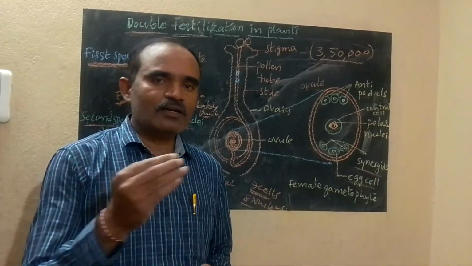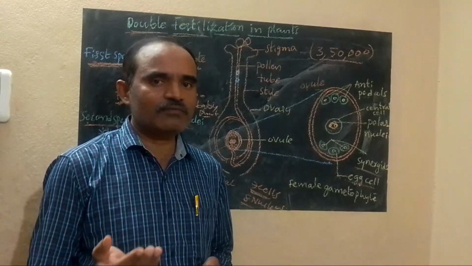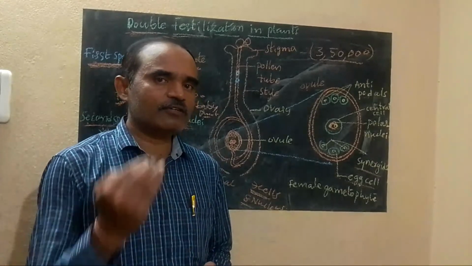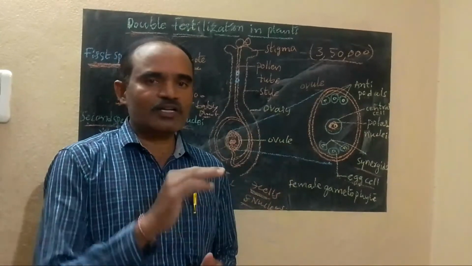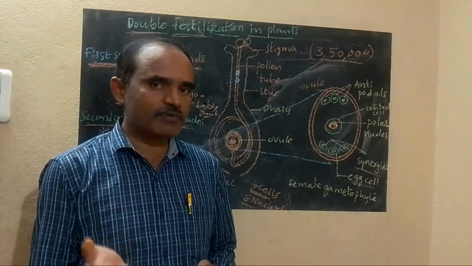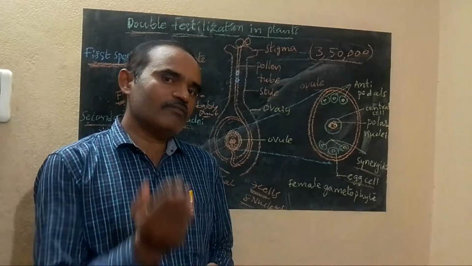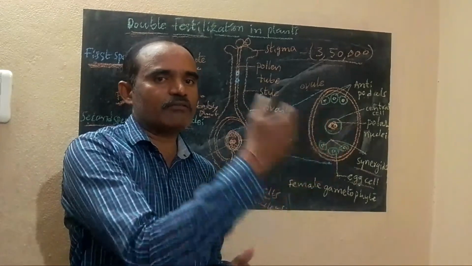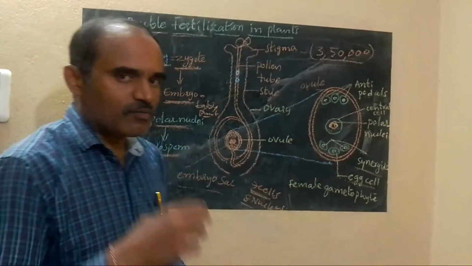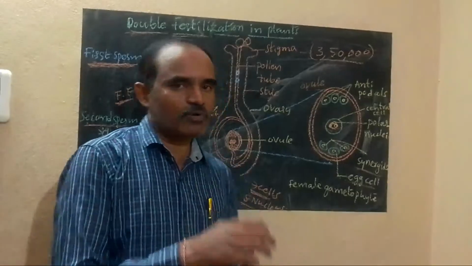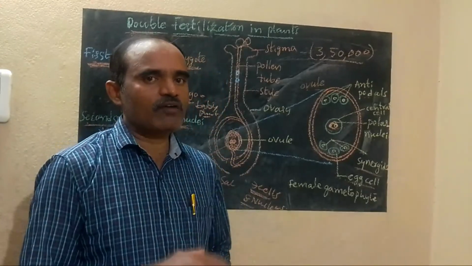Next, cross pollination: transfer of pollen grains from anther to stigma of another flower, not the same flower, is called cross pollination. So we have discussed pollination, self pollination, and cross pollination.